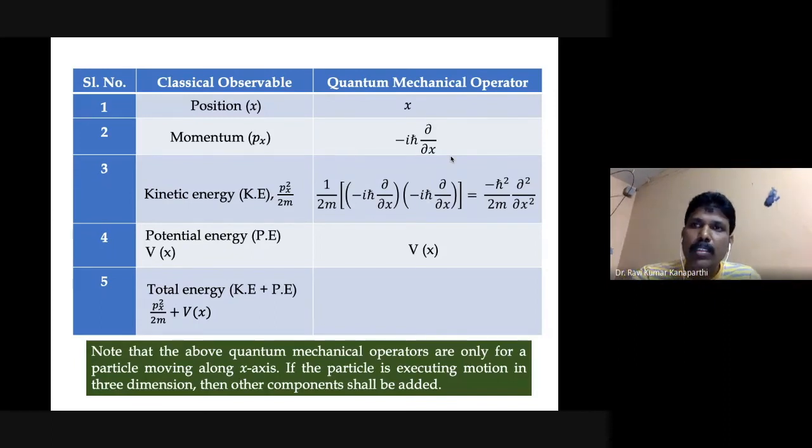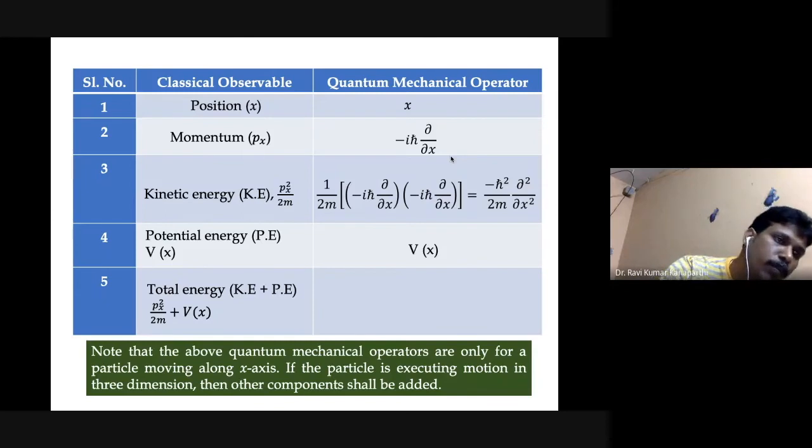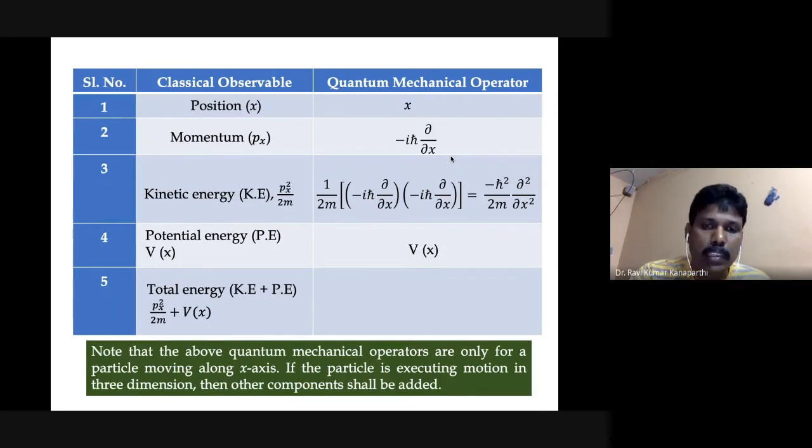If a system is moving, then it will have a kinetic energy. On the other hand, if it is in some position or interacting with the system, it will have a potential energy. Therefore, the total energy is taken to be the kinetic energy plus potential energy.